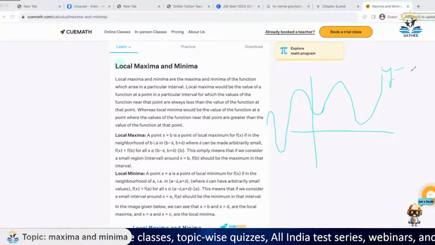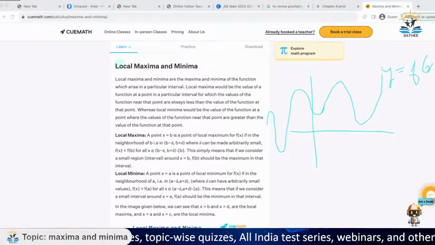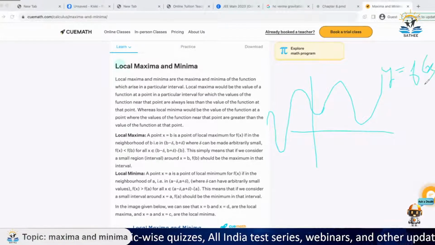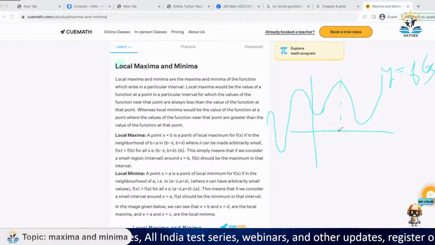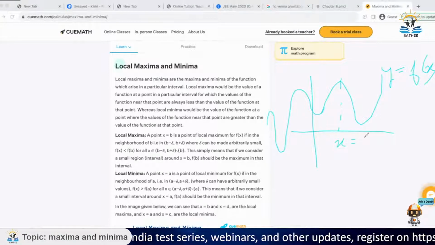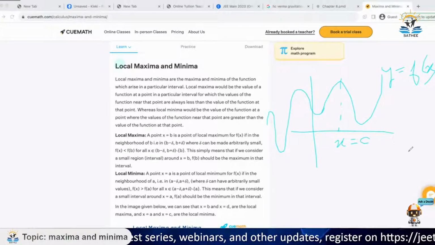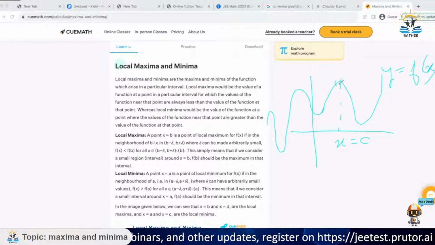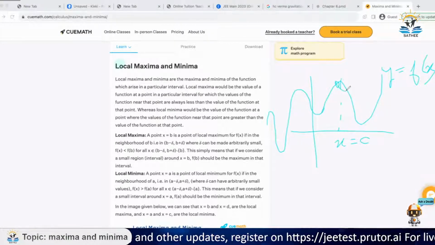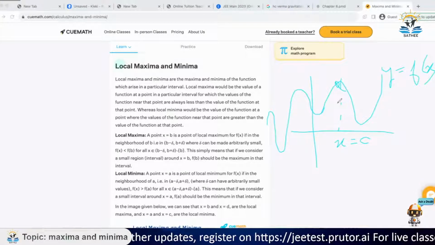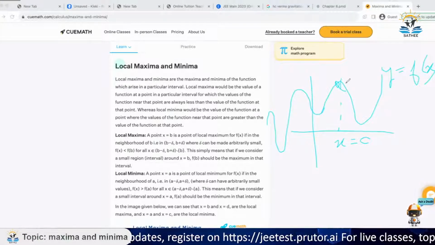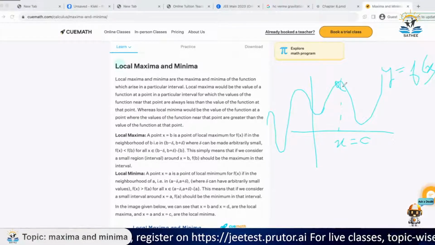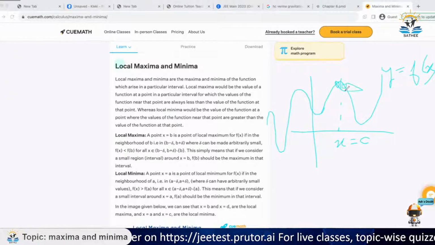Suppose y is equal to f of x, and this is x is equal to c. Delta is a small value, and we go to c minus delta and c plus delta, at these two points.